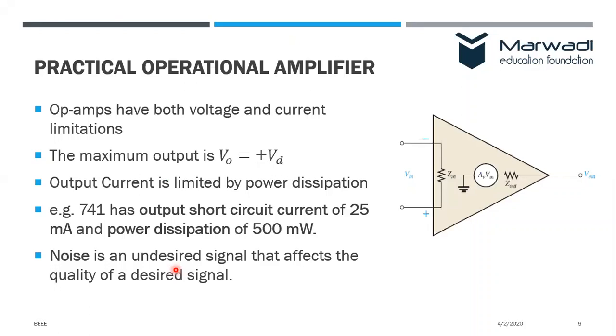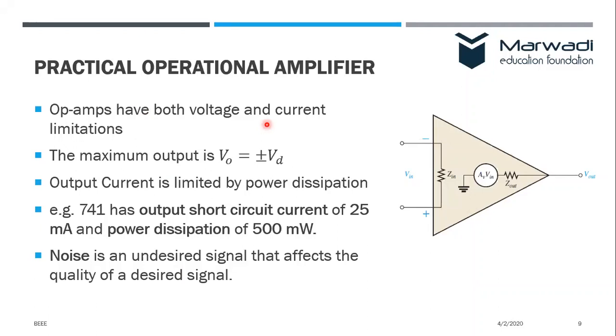Now, the practical operational amplifier. As I said, a practical operational amplifier will look like this, because it has both voltage and current limitations. You cannot get a voltage above a certain value, and similarly, the current will also be of a certain amount which you cannot exceed.